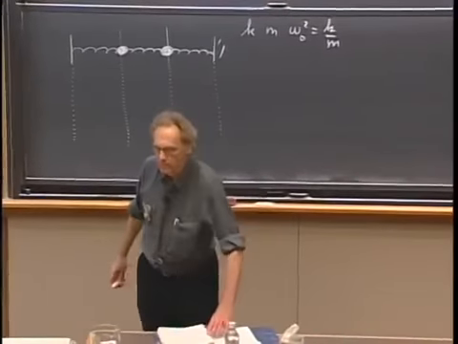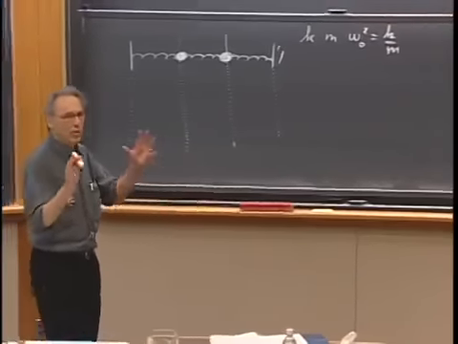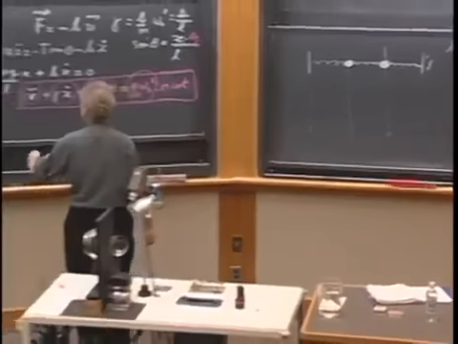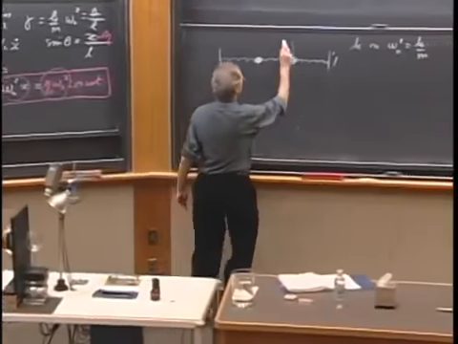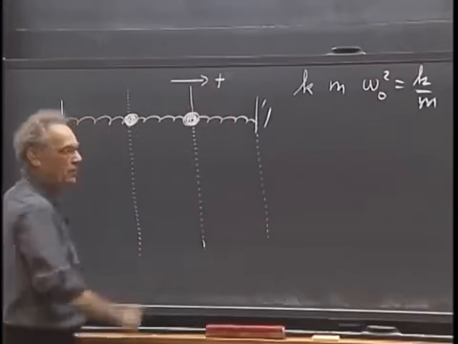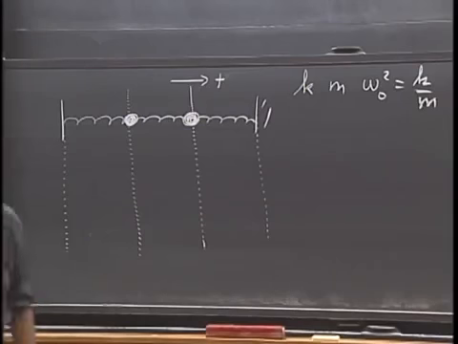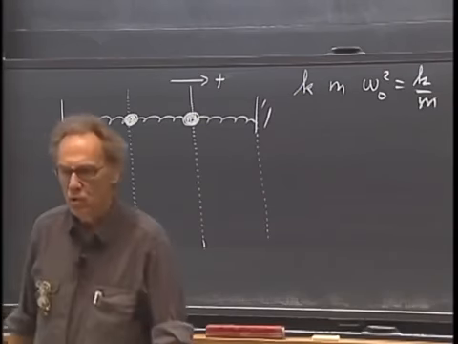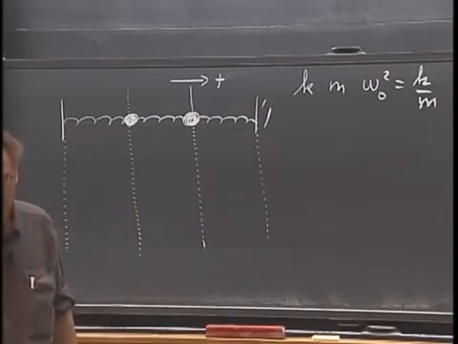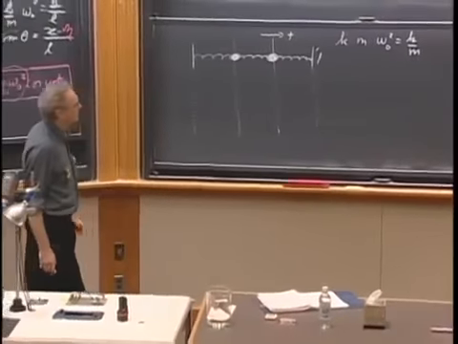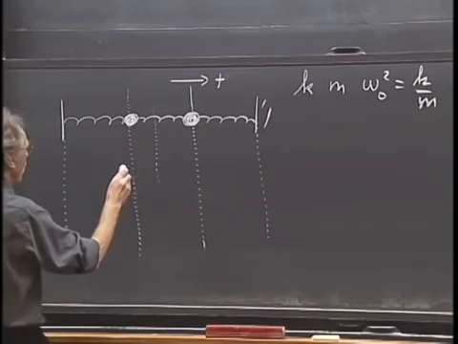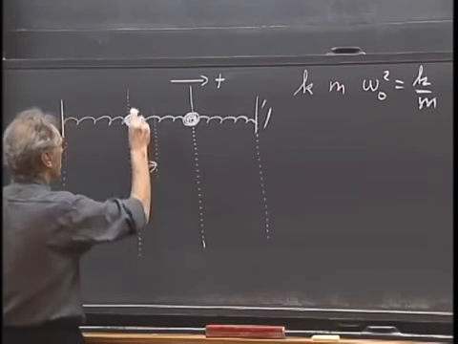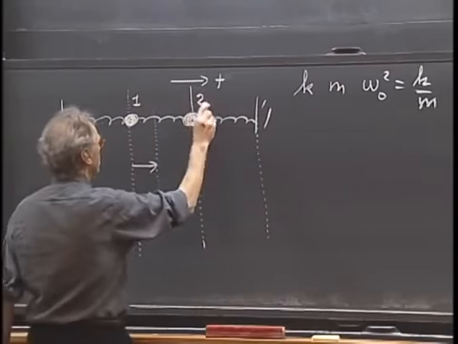Now what I do, I offset both these objects from equilibrium just as I did that here. I always offset them in the same direction, and I call that positive. Is that a must? No. Is that useful? Yes. So I offset them, and so this is object number 1, and this is object number 2.